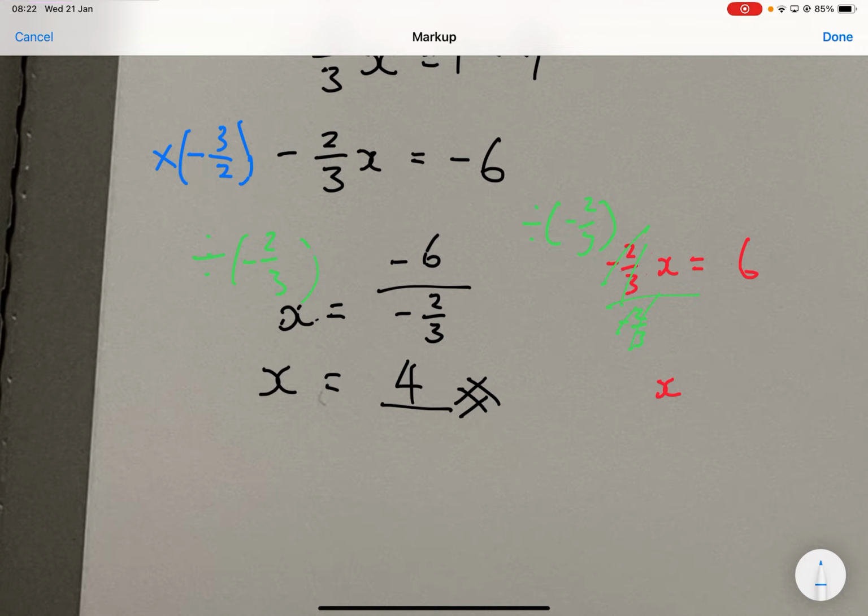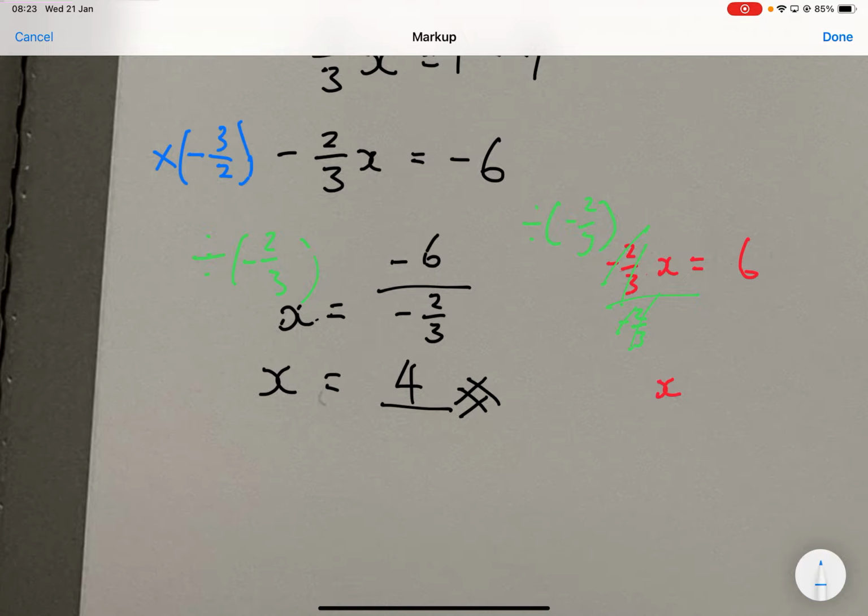When I multiply a fraction with this fraction, minus becomes positive. Then my 3 numerator cancels with the denominator. My denominator 2 cancels with the numerator 2. It will also result in getting my 1x.